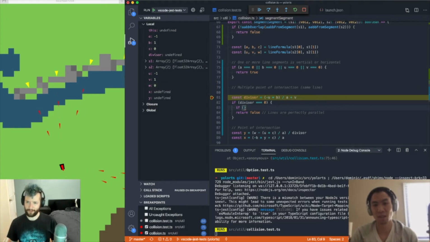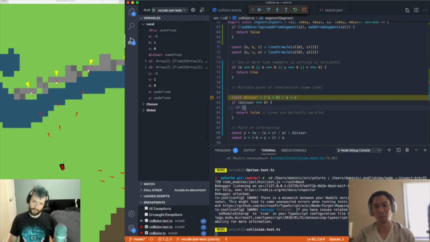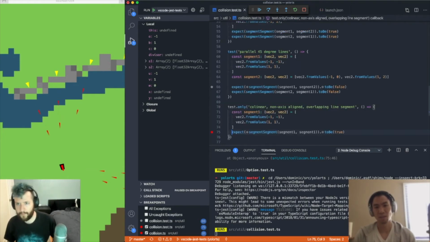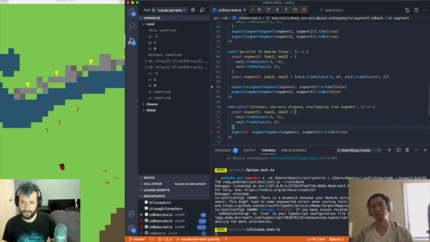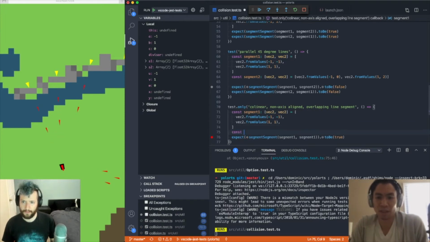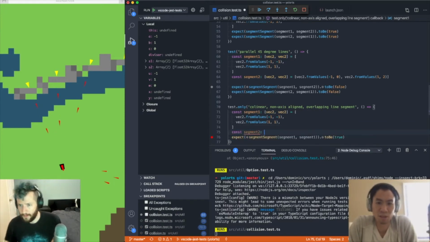Like if A equals U, B equals V, C equals W, it's the same segment? Yeah, although they could be multiples of each other, I think. Like negative 2, 0 is the same thing as negative 1, 0, right? If they're multiples of each other. And so that's quite tricky.